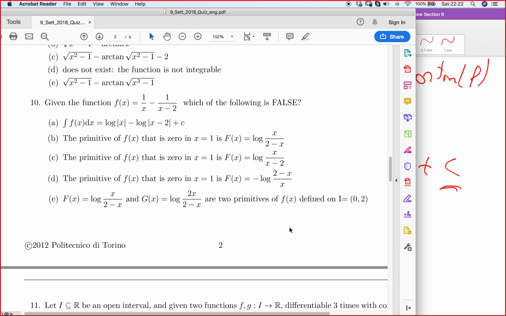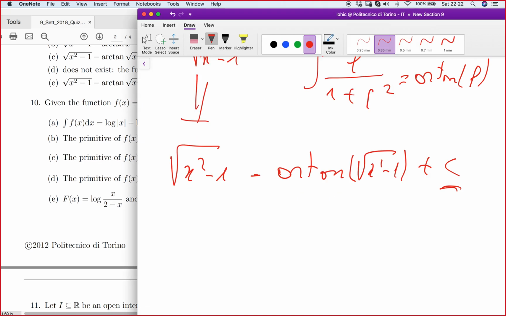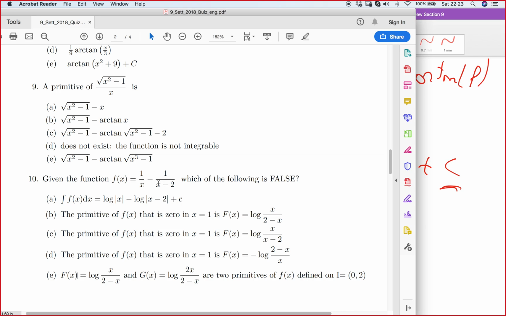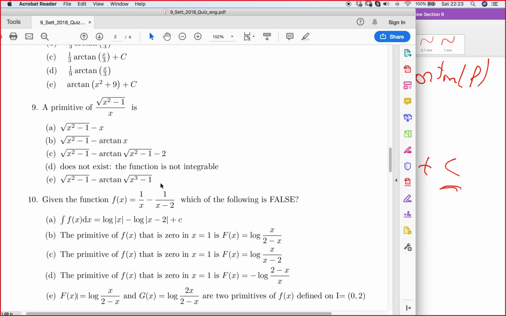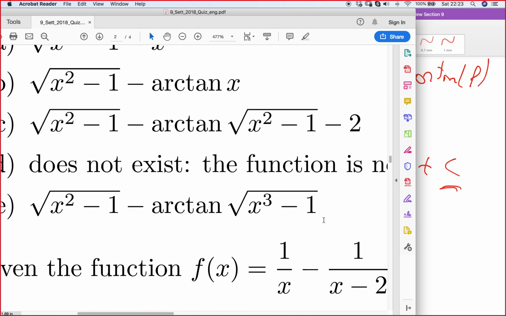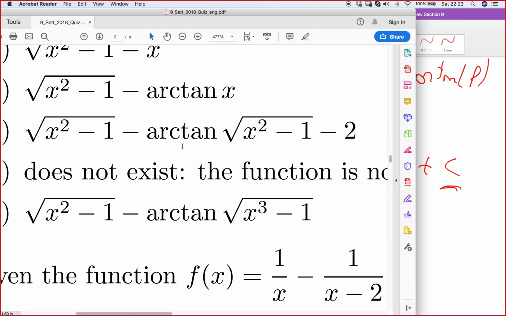Good. Can we... no, the answer is no, not e, excuse me. This says that no, excuse me, a primitive of this function is... no, it is b, it is c, it is this one, because here you have cubic root, root of x cubed, but it should be x squared.